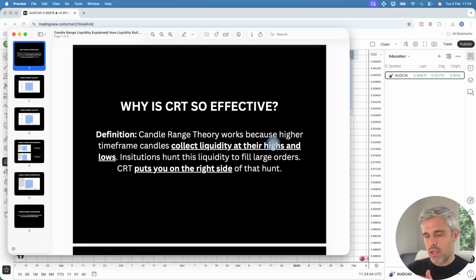What this means and why it's so important is that institutions hunt this liquidity because they want to fill the largest possible positions or orders in the market before price then shifts. So if you can spot where money is being hunted on the chart and position yourself correctly, you can stay on the right side of that hunt for liquidity.